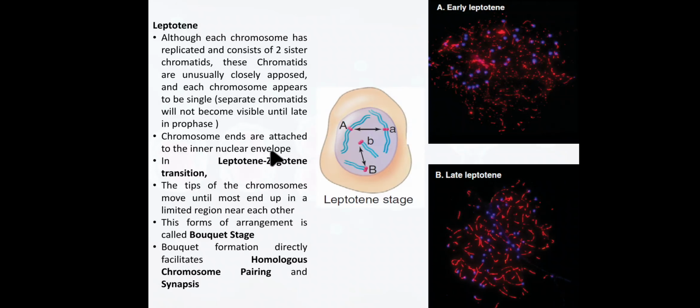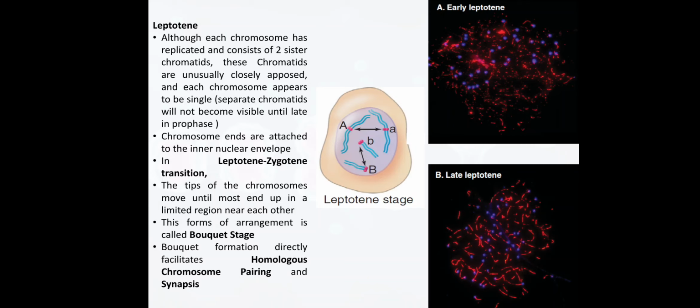In leptotene, although each chromosome has replicated and consists of 2 sister chromatids, these chromatids are unusually closely opposed, and each chromosome therefore appears to be a single structure. The separate chromatids will not become visible until later in prophase, at either the diplotene stage or in diakinesis stage.